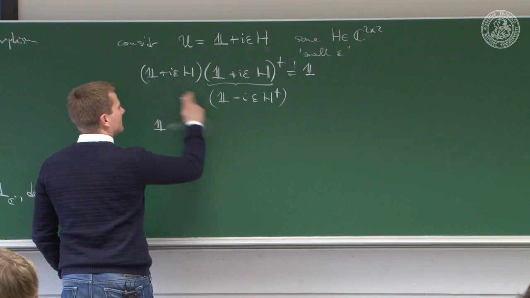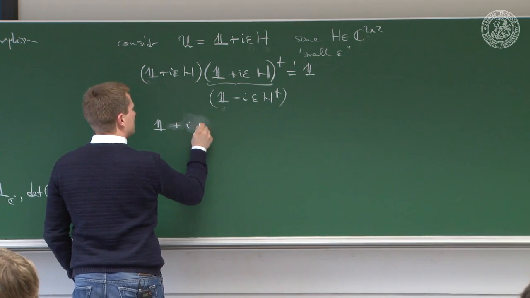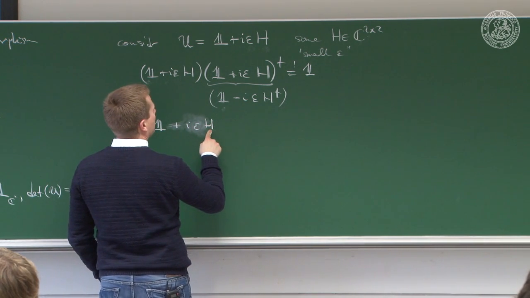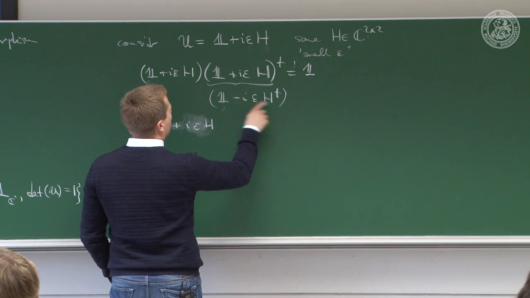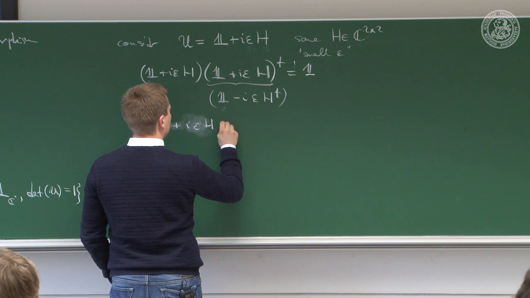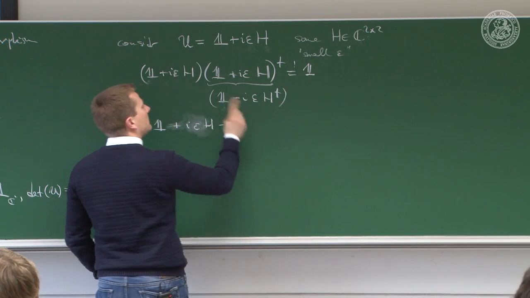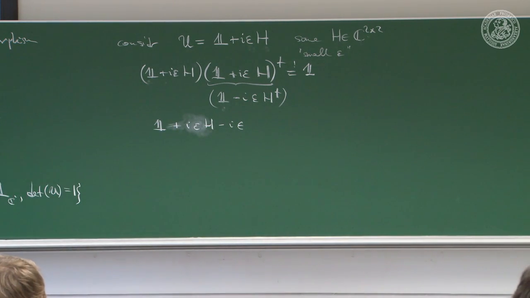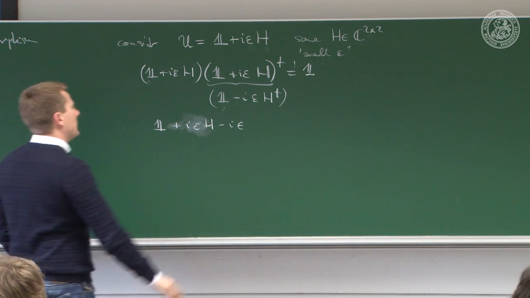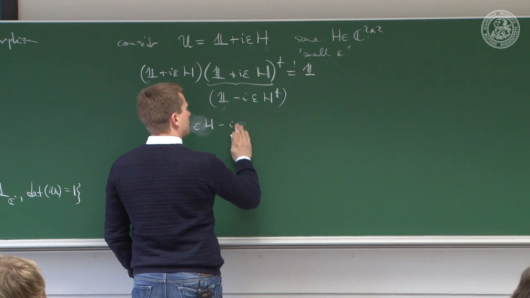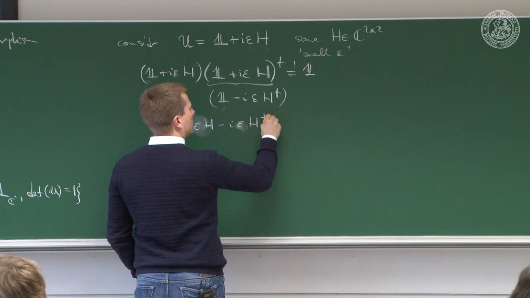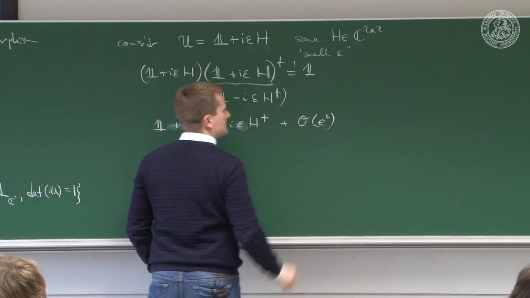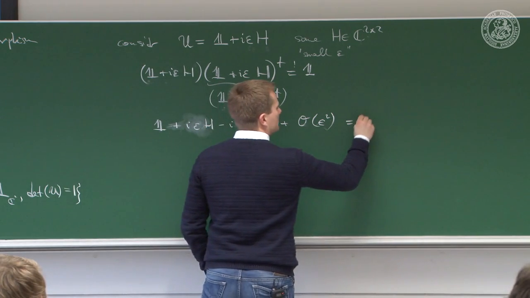Okay, so this is the 1 with the 1. So now comes plus i epsilon h, minus i epsilon h dagger. It's not the binomial theorem, because there's an h dagger and there's an h. That's why it's not the binomial theorem. So 1 plus i epsilon h, times 1 minus i epsilon h dagger, and then comes a plus order of epsilon squared term, equals 1.